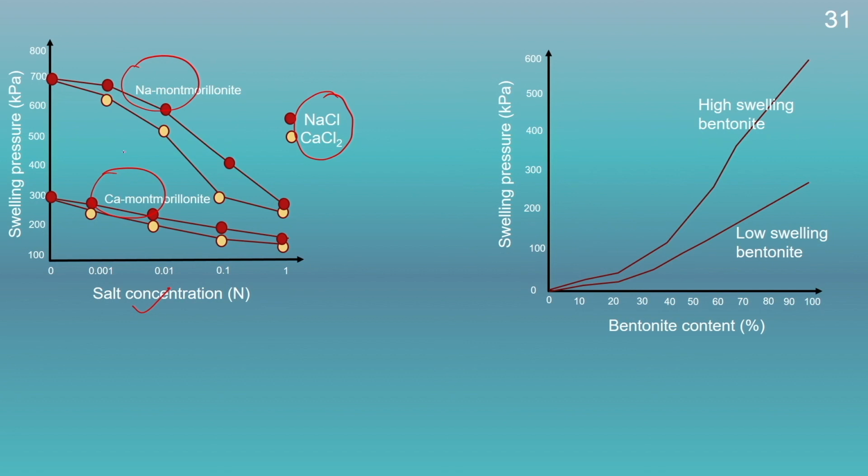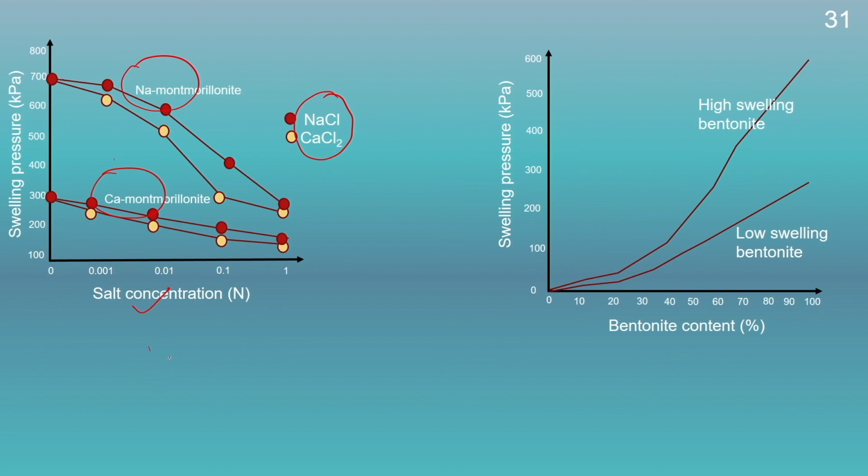If we compare all these plots, here we can see that with increase in the salt concentration, the swelling pressure of the montmorillonite is decreasing. This is because of the decrease in the diffuse double layer thickness with the increase in the salt concentration.